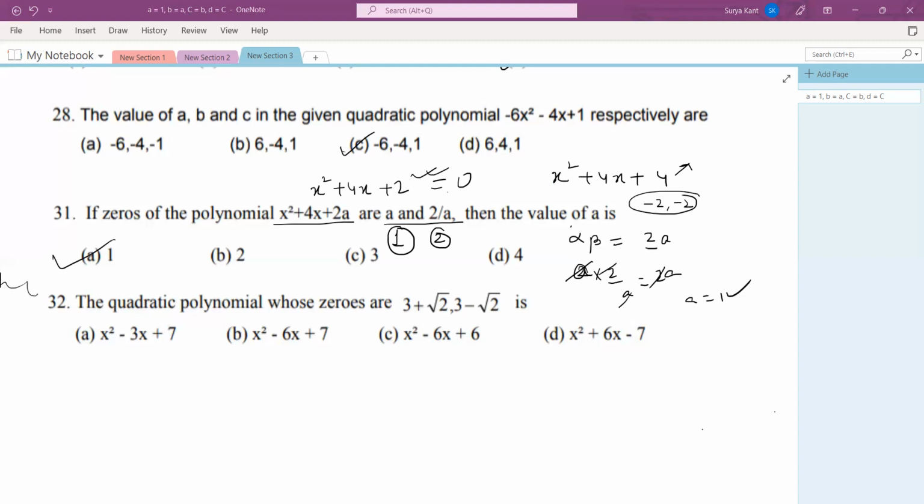A option is correct. So that's okay. But if we do A, how then? Then also what is happening here?